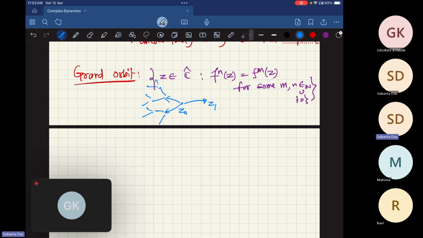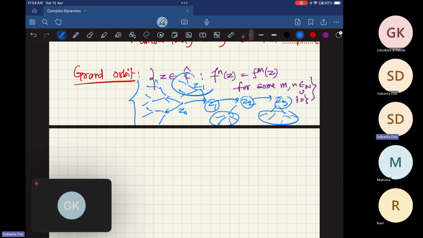One preimage was z0, and the other preimage may be something, maybe z minus 1. Now I will take its preimages. It will have two preimages, and so on. Similarly, I will take z2 and do the same thing, take z3 and do the same thing. So I will take the set of all the points, the backward ones, and these z1, z2, z3 points. All these points lie in the grand orbit and no other point.